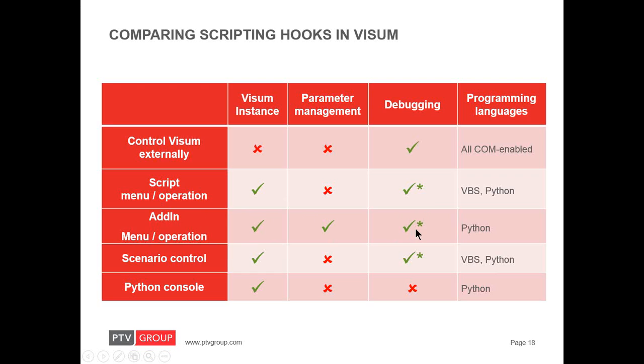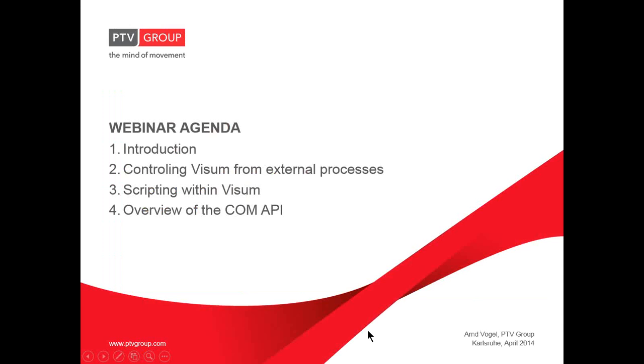And of course, for add-ins, you're even limited to Python as a programming language. Okay, so that's what I wanted to show about the different techniques for interacting with scripts and with Visum.